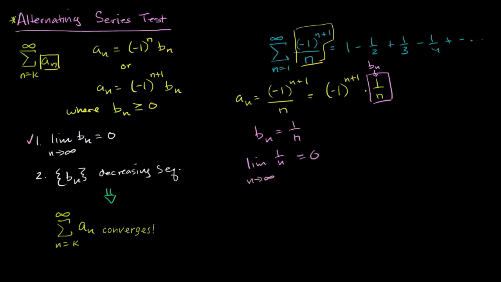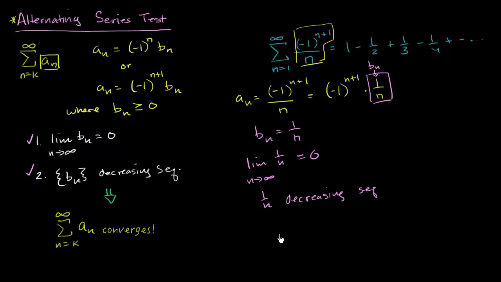So we satisfy the first constraint. And then this is clearly a decreasing sequence. As n increases, the denominators are going to increase. And with a larger denominator, you're going to have a lower value. So we can also say 1 over n is a decreasing sequence for the n's that we care about. So this is satisfied as well.